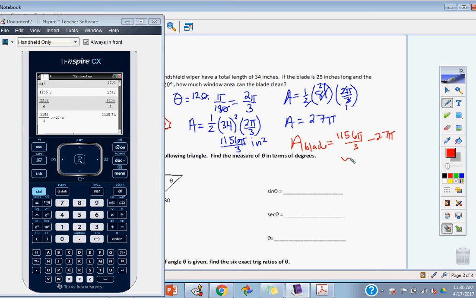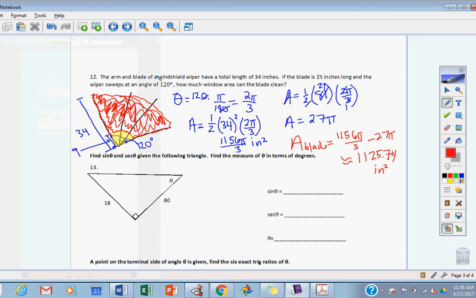That's going to be approximately 1125.7. I want to make sure this is rounded correctly, so I'm going to scroll up. It's 737, so 0.74, and these were inches, so that's inches squared. That was kind of a lengthy video, so I'm going to cut this one off and pick up some of the other problems on other videos.